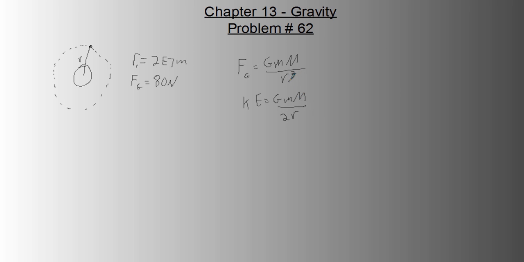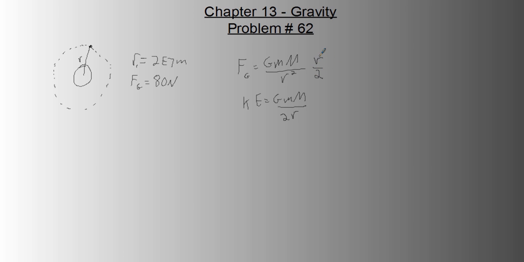So what would we have to do to the force in order to make it look like kinetic energy? Well, one thing we could do is multiply by r and divide by 2.